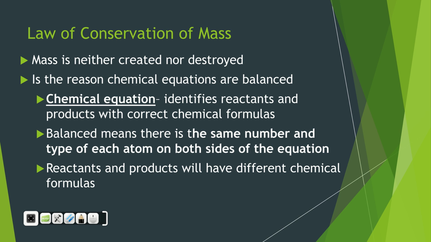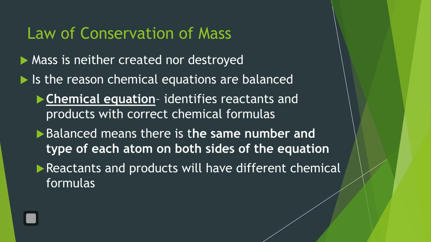Now, the reason we write chemical reactions or chemical equations is due to the law of conservation of mass. This is why we balance. So if there's a question saying, why do you balance a chemical reaction? It's due to the law of conservation of mass. Sometimes this is written as conservation of matter. It's the same thing.